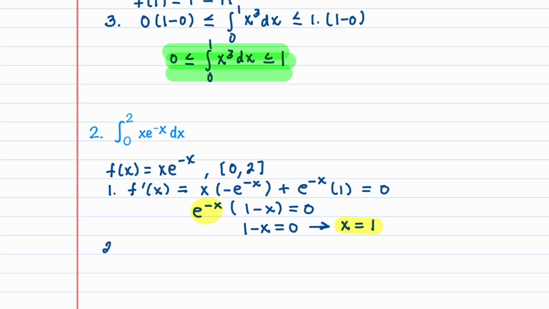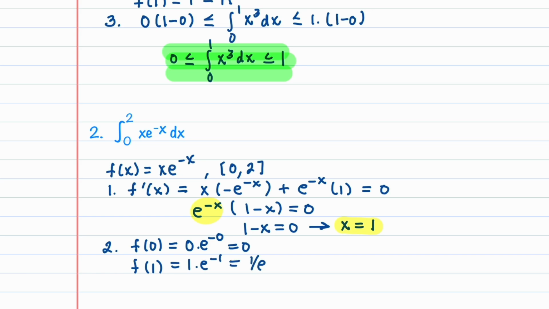Our second step is to compare the value of our function at our endpoints and at this critical value, x is equal to 1. So we'll start with f at 0. This is 0 times e to the minus 0, so that's just 0. And then f at 1 is 1 times e to the minus 1.